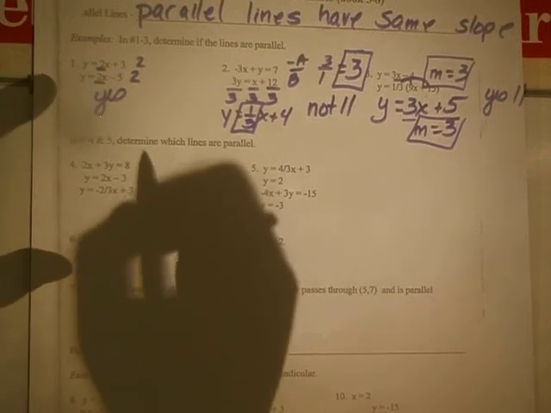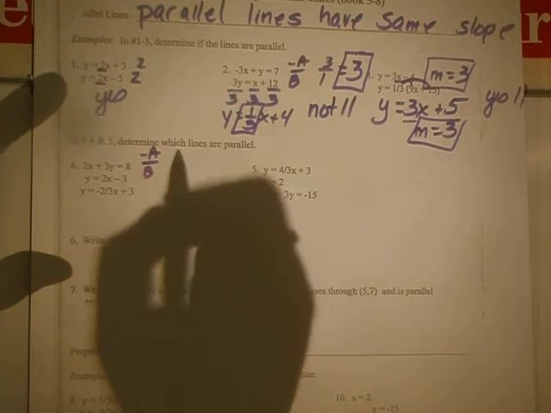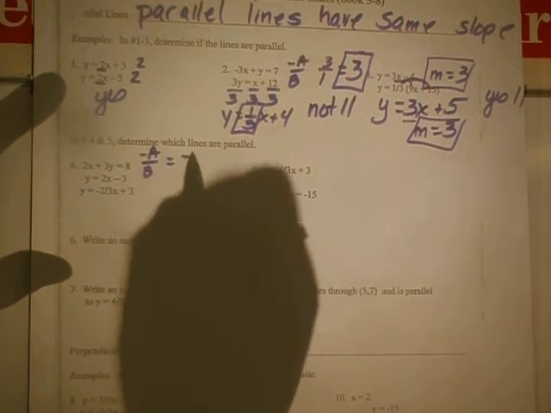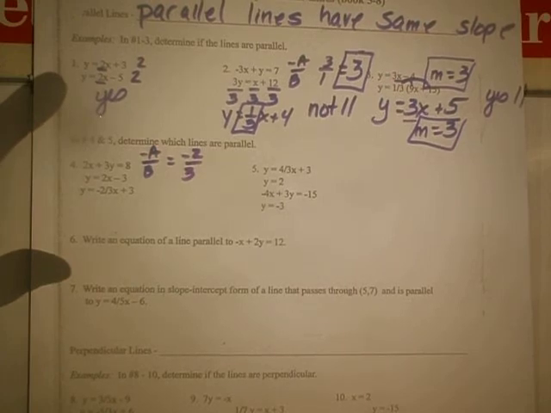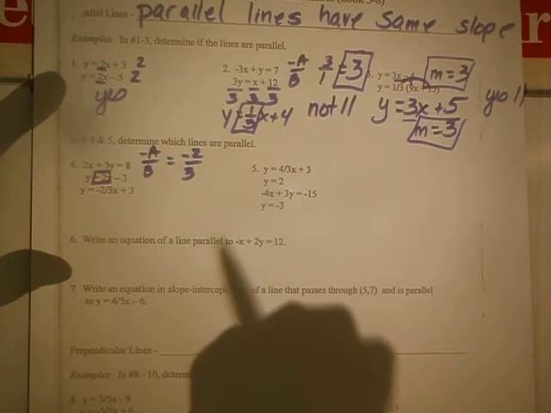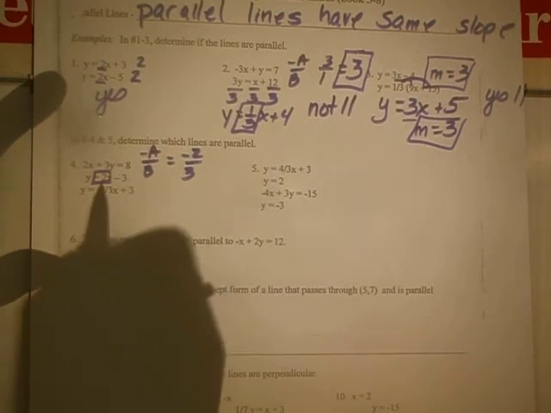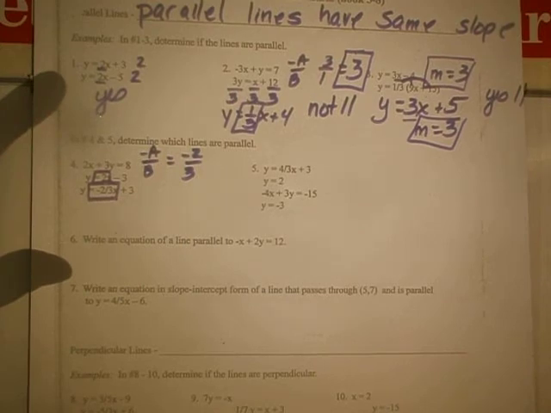That slope formula is negative a over b. So the slope of the first one will be negative 2 over 3. The slope of the second one is 2.